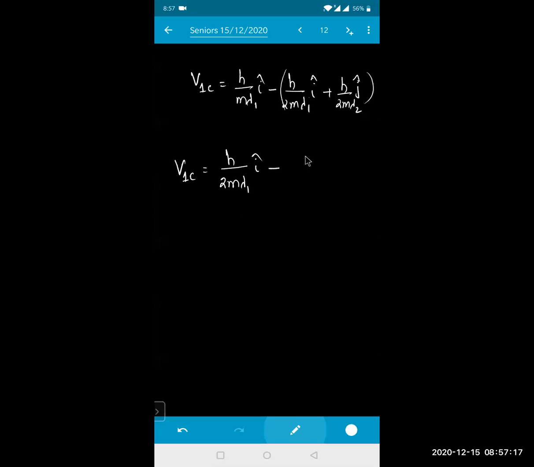This one is minus, this will become h by 2m into lambda 2 into j cap. 1 minus 1 by 2 is nothing but 1 by 2 only, right?